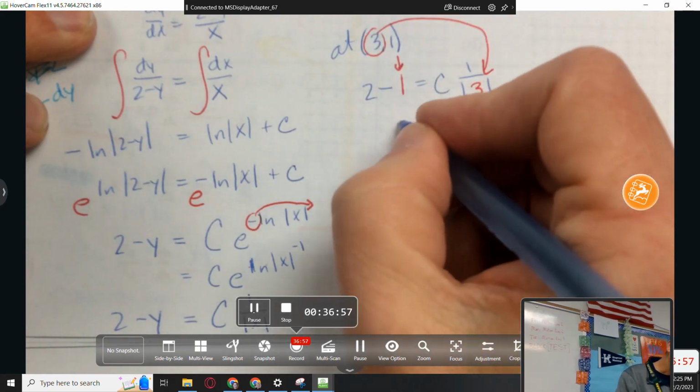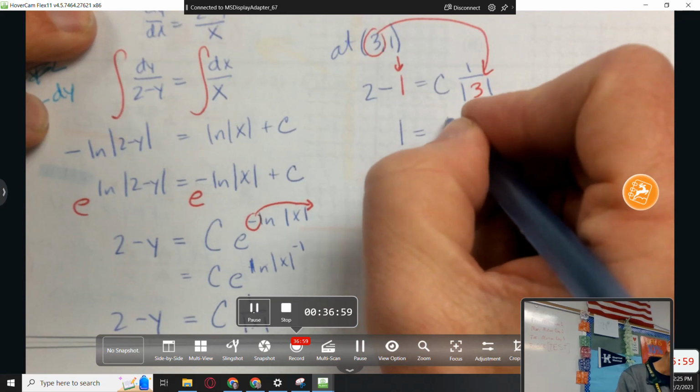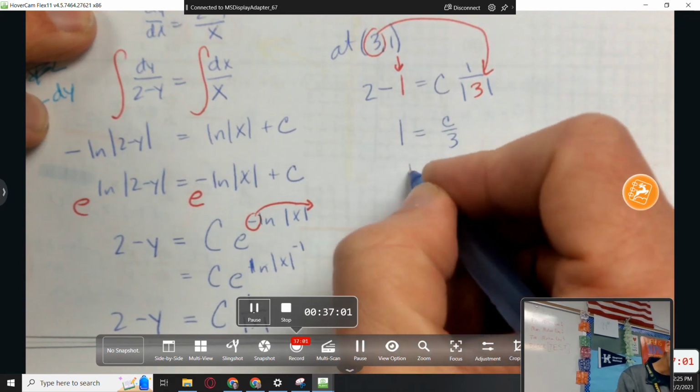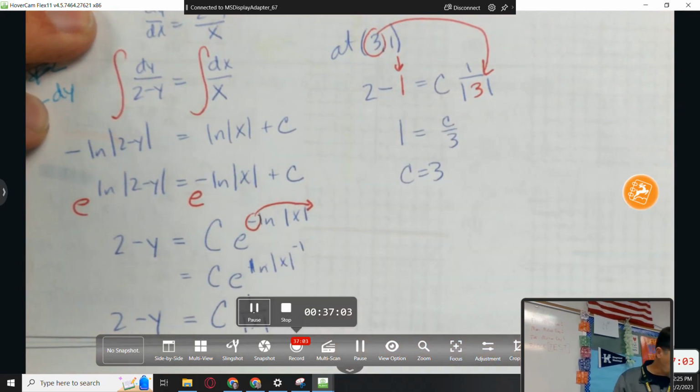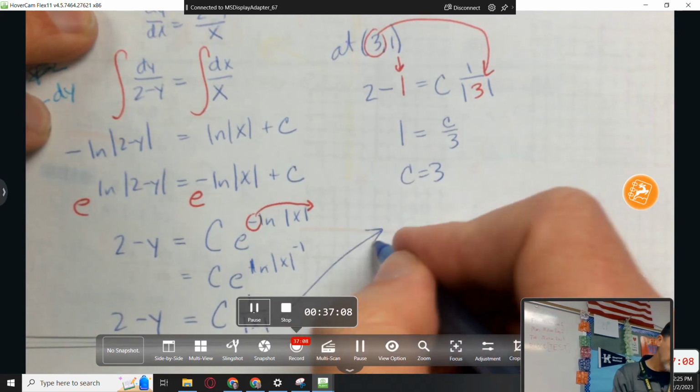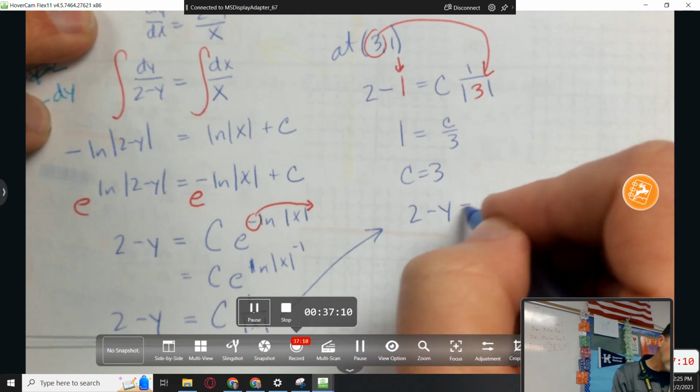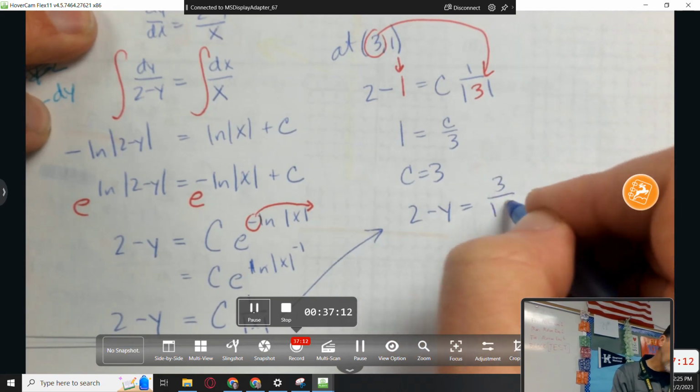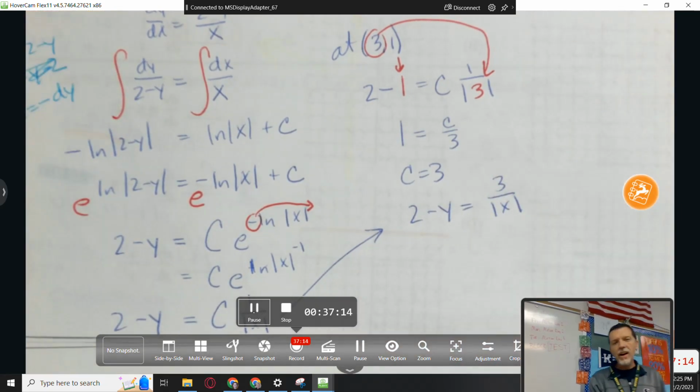So 1 equals c over 3. C equals 3. 2 minus y equals 3 over absolute value of x. Now I can solve for y.